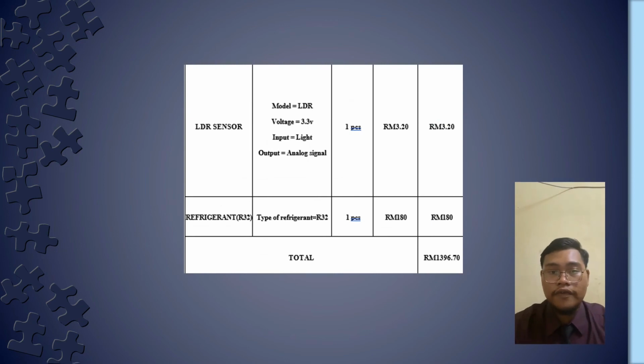For the LDR sensor, model LDR with voltage 3.3 volt, input light and output analog signal, we use only 1 piece, which costs 3 ringgit and 20 cent. And for refrigerant R32, we use only 1, and the price is 180. The overall cost is 1,396 ringgit 70 cent.